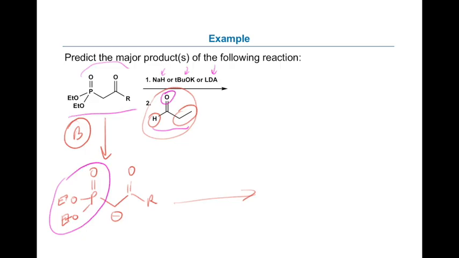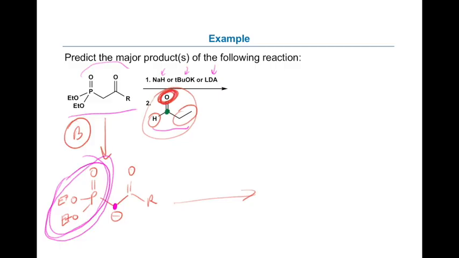So just to map out the pieces: my electrophilic carbon center, my nucleophilic carbon center, my oxygen part, and my phosphorus over here.